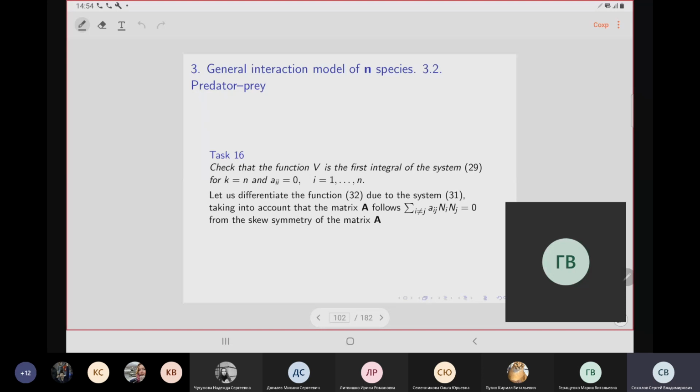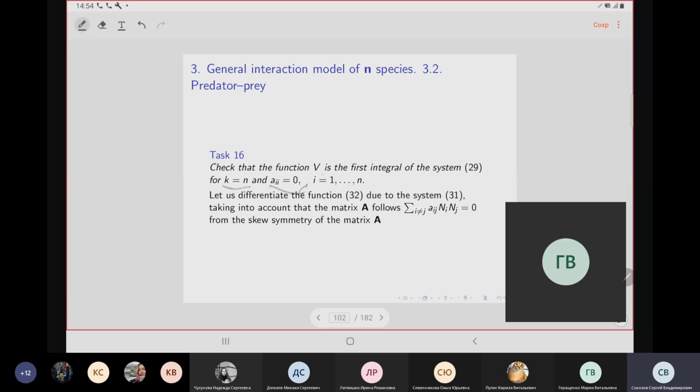One can check that the function V is the solution of the system if k is n and aii is 0. So if there is no intraspecific interaction and if all the species survive, then the function V is the first integral. So it is the solution.